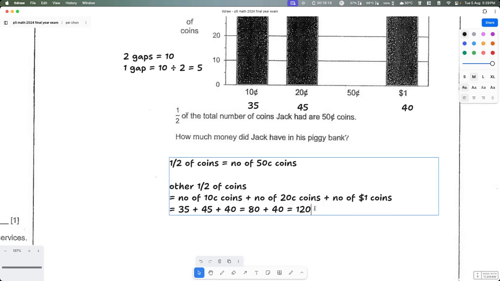So the number of 50-cent coins is equal to 120.